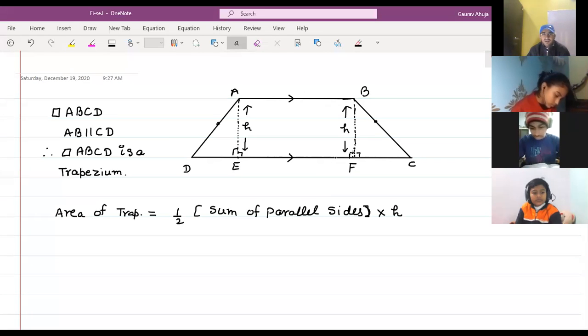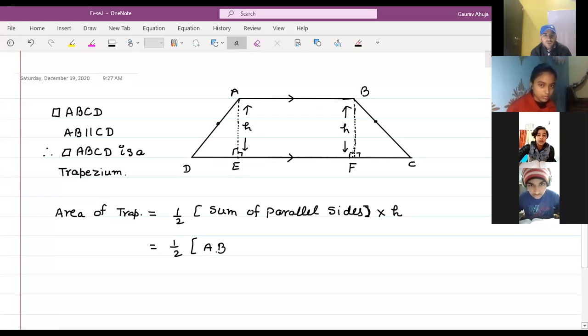What is the formula to find the area of a trapezium? It is half the sum of parallel sides into height. Name the parallel sides that we have in this diagram. Initially, there was nothing like this in the diagram; I constructed it to show you.